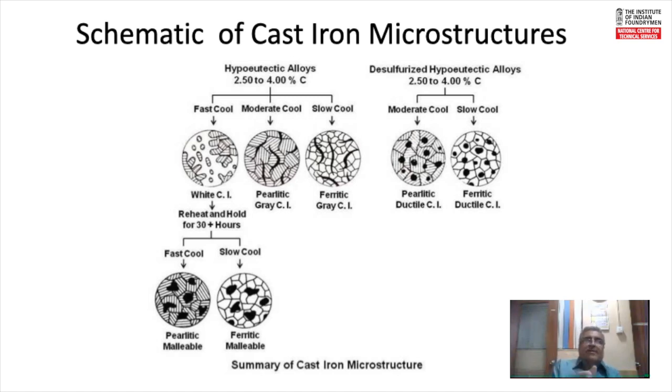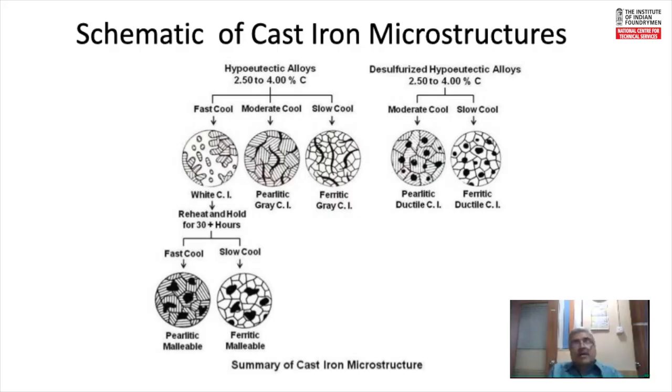Towards the lower carbon side, if you do faster cooling, most of the iron will solidify as white iron, which is carbon coming out in combined form, which is Fe3C, cementite. It is called white iron because if you fracture it, it is pretty brittle. It will show a shiny white fracture.